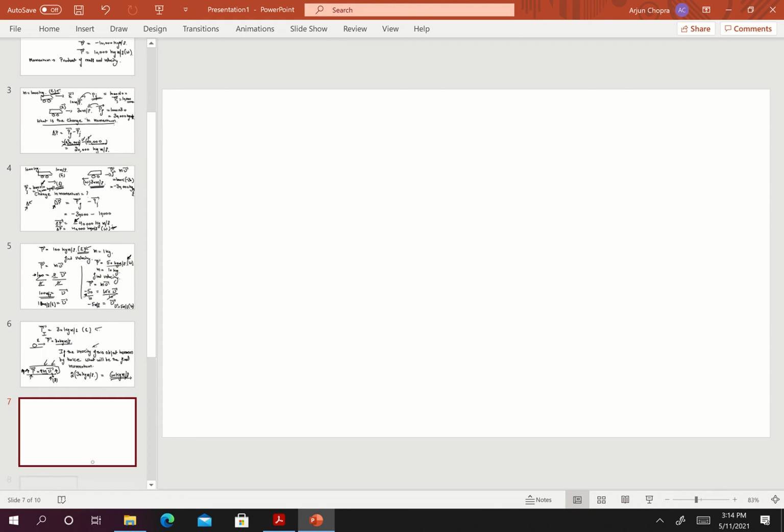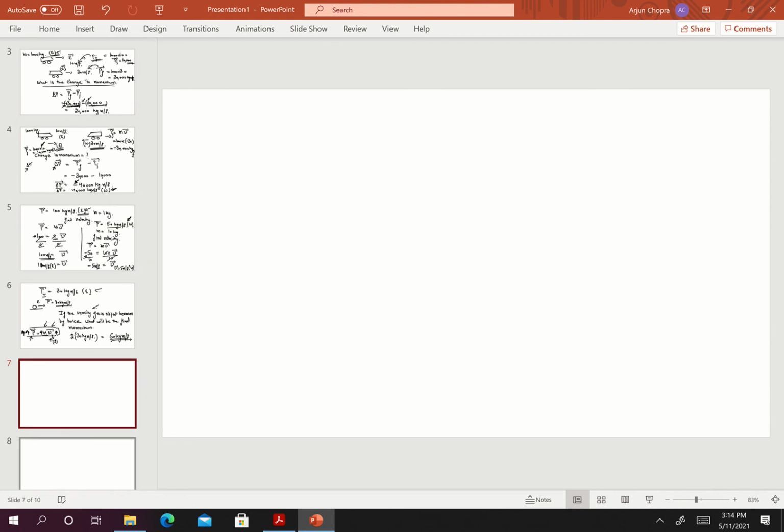Now what we're going to do is make it a little more complicated. So let's say the initial momentum is 30 kg meters per second. That's given to me, and then velocity increases by 3 times.